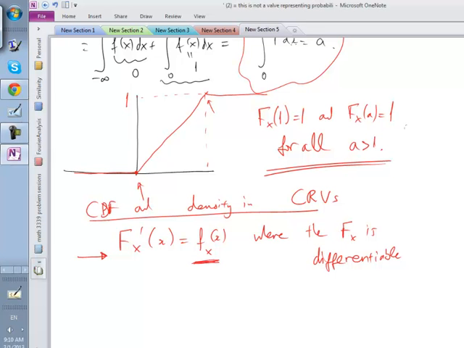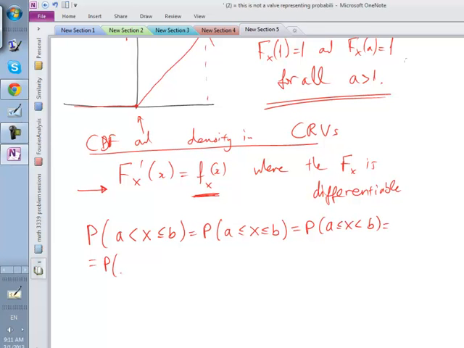And the second is the second fundamental theorem of calculus, which relates that the probabilities of A less than or equal to X less than or equal to B, all those probabilities are equal to the value of the distribution function at B minus the value of the distribution function at A. And of course, this is the integral from A to B of the density function.